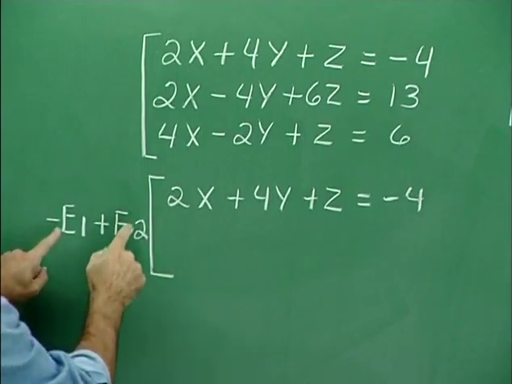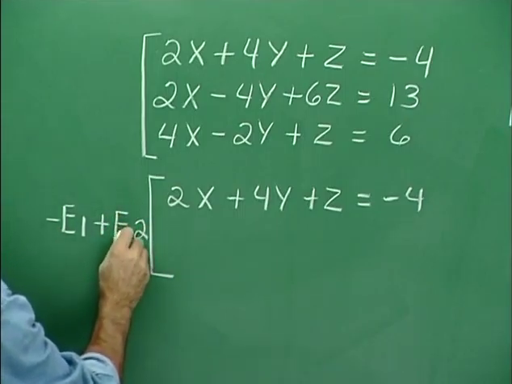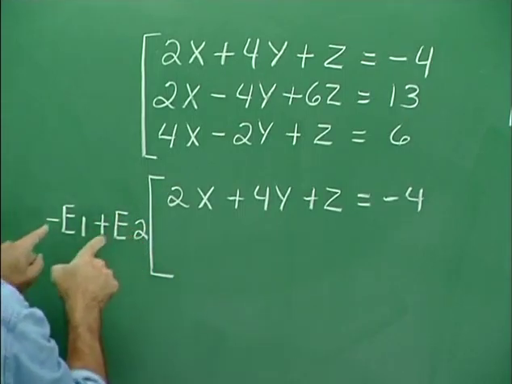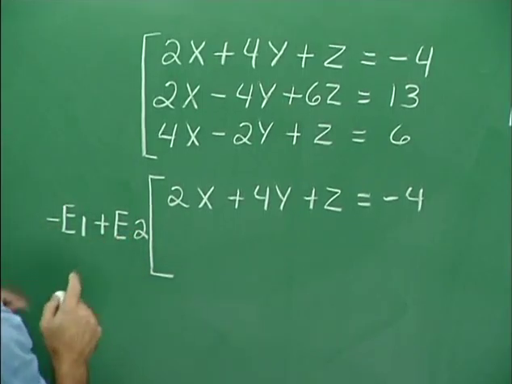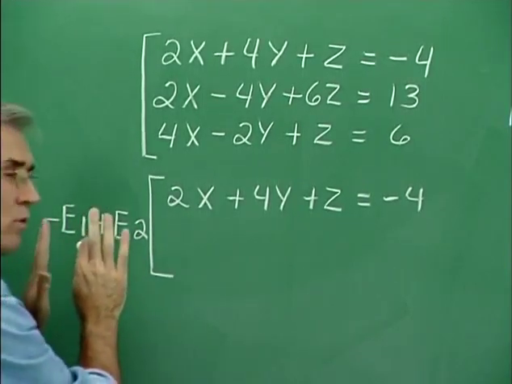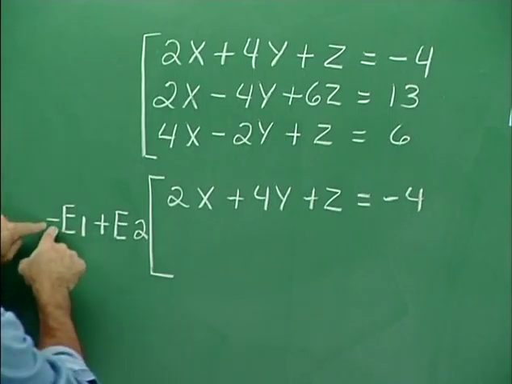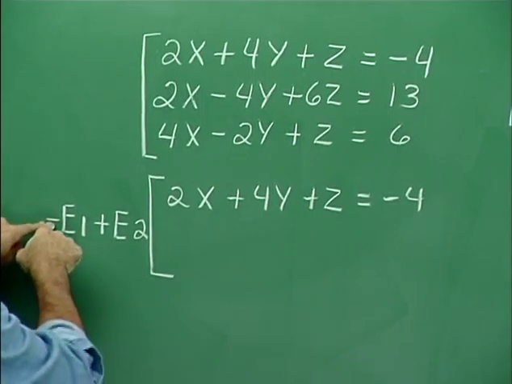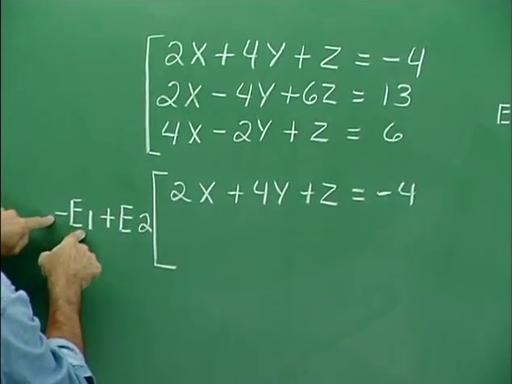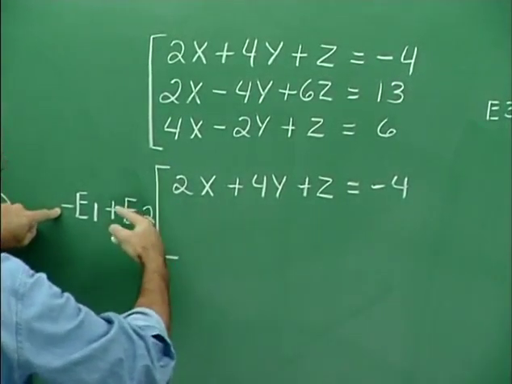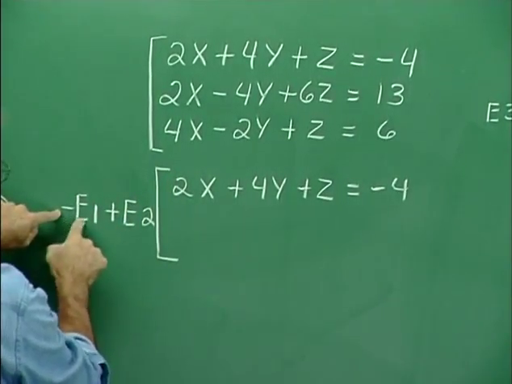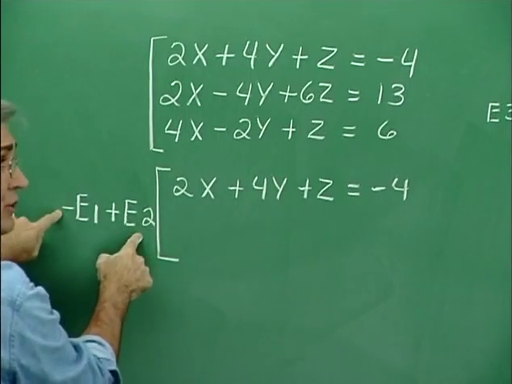Now, by the way, in writing this pair of values here, here's the way you want to think about this. You want to write some operation on some equation other than the one that you're on, some equation above, and then you're adding the equation that you're in.